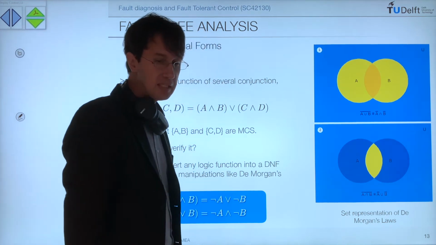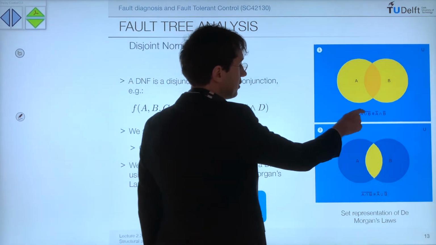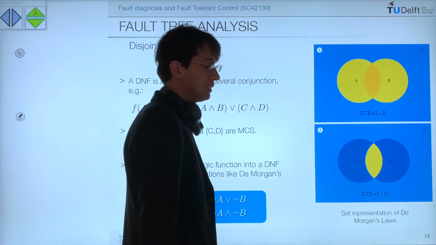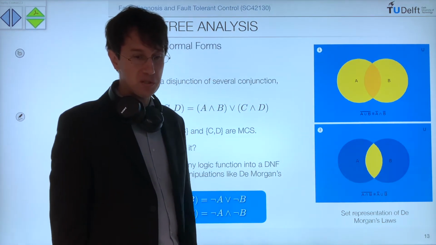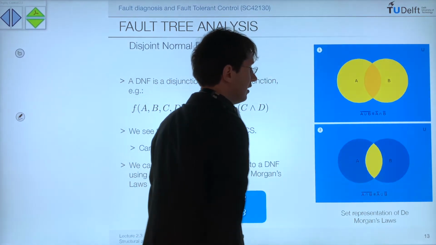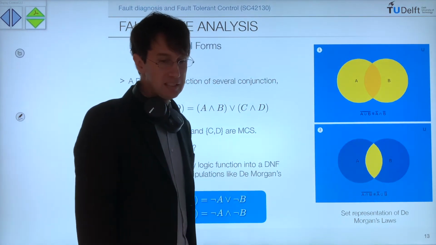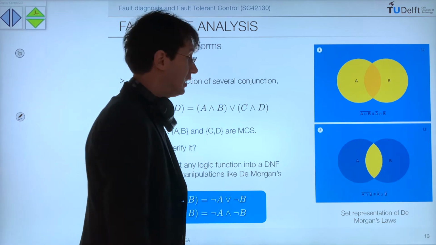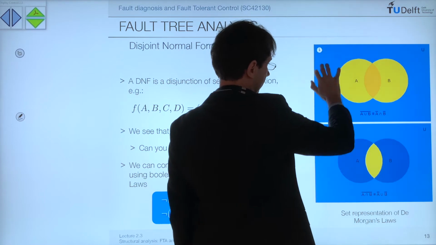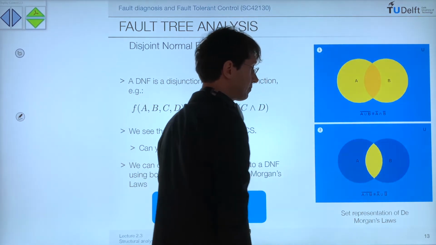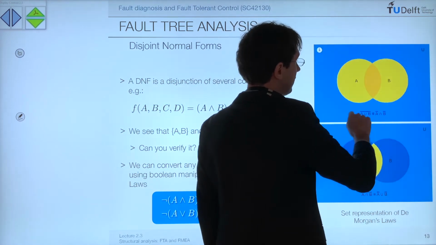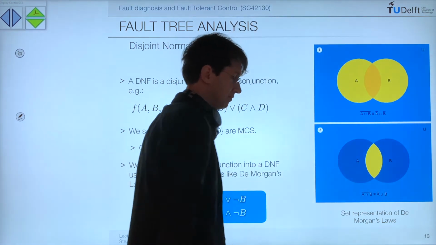So we can see that if we take the union, A or B, and we compute the negation of that, we get this blue part. And this blue part is indeed the intersection of what? The intersection of the negation of A, so everything that is outside A, intersected with everything that is outside B. And indeed we get this.